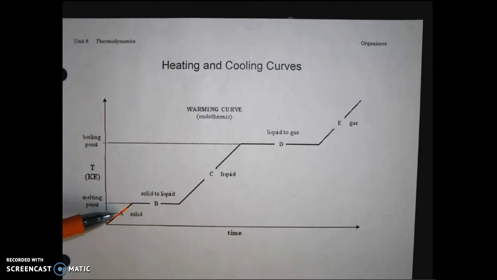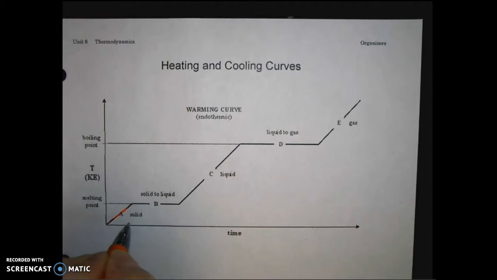When you start adding energy to that solid, what's going to happen is the energy is going into making the motion of the molecules increase. Now, since it's a solid, there's not a whole lot of motion. So the only motion associated with a solid is vibrational energy or vibrational motion.